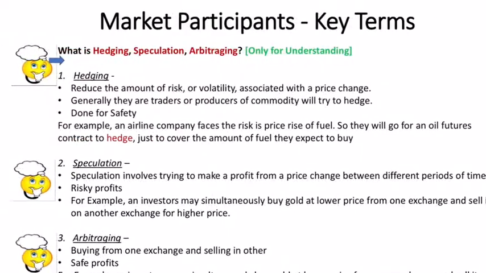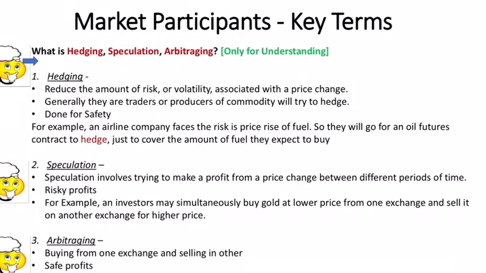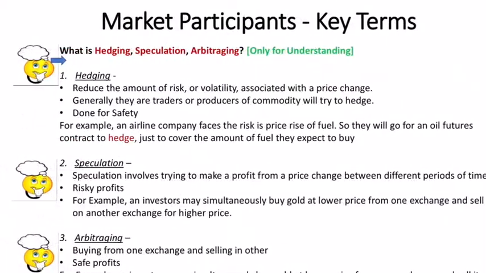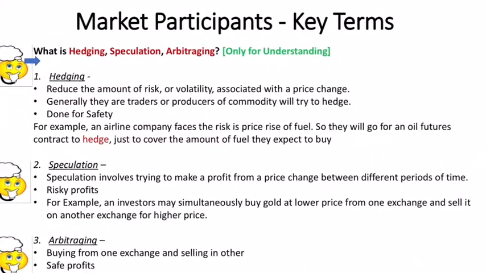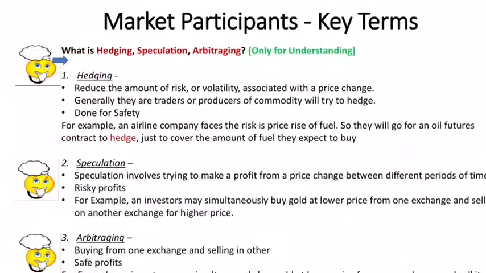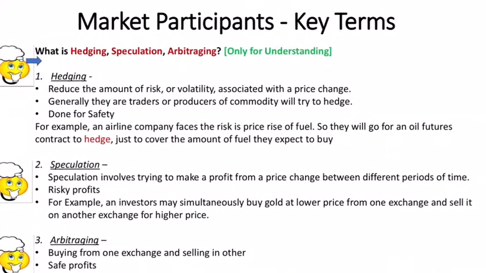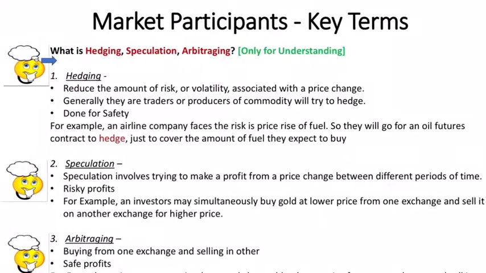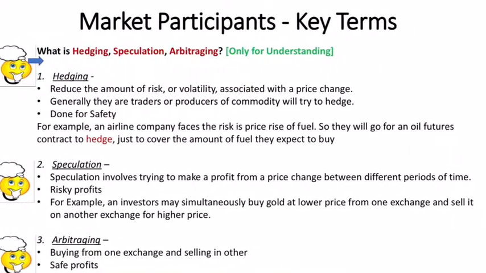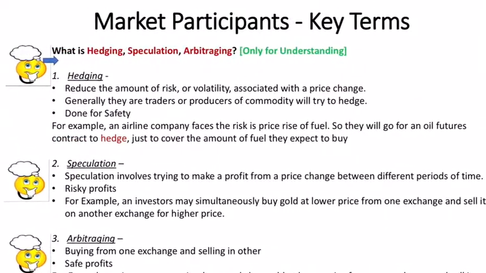And the third term, arbitraging. In this, what happens is that the investors, they simultaneously operate in multiple exchanges. If we take the example of stock markets, a person A might operate in BSE as well as NSE. So what he will do is he will make purchases in BSE and he will sell those items in NSE.